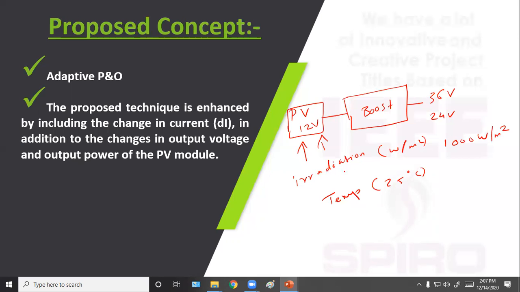In the conventional system we get voltage and current and multiply them to form the power. This power is given to the P&O algorithm to get the duty cycle, and the duty cycle is given to the boost converter switches. But instead of P&O, we change to adaptive P&O to improve the false tracking.